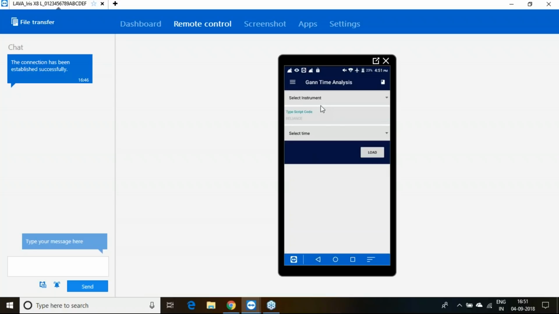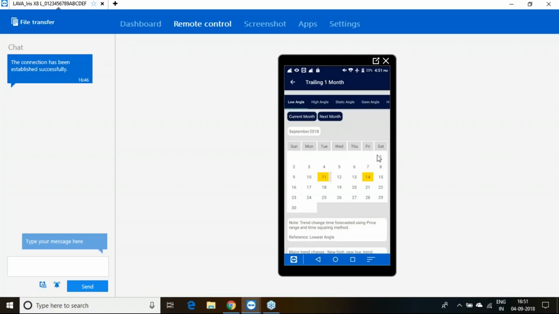So this is if you are taking the reference from the previous month. In the same way, you can also take the reference from the trailing 1 month, meaning from today to the past 1 month, and see what trend change dates I can expect. Sometimes a new high or new low will be created, some trend change happens, or the trailing 1 month's high and low will be changing.